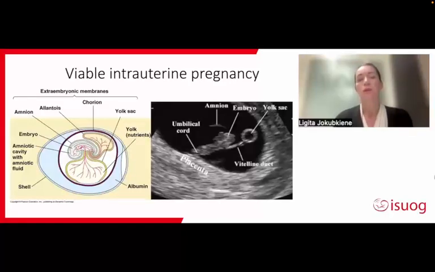First, before talking about miscarriage and ultrasound, we have to talk about the viable intrauterine pregnancy. It is very important to know what early pregnancy looks like for each gestational week and what structures we have to assess when we look at early pregnancy using ultrasound. Of course, we look at the gestational sac and its shape, and we look at the yolk sac.